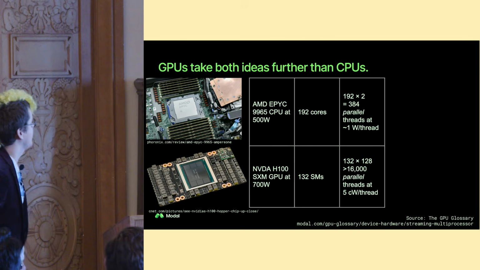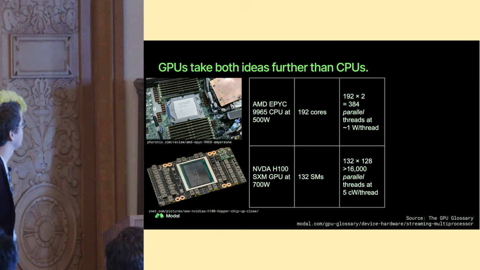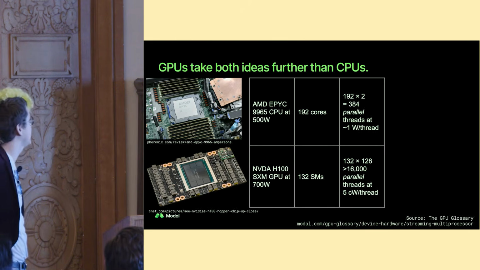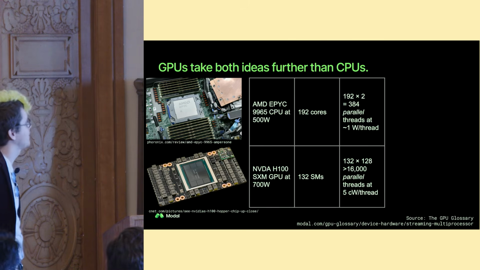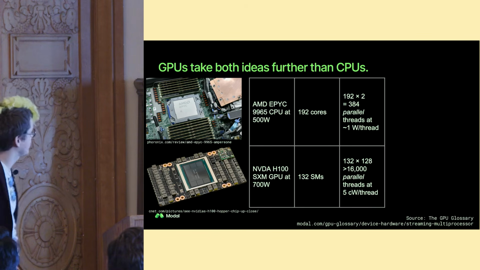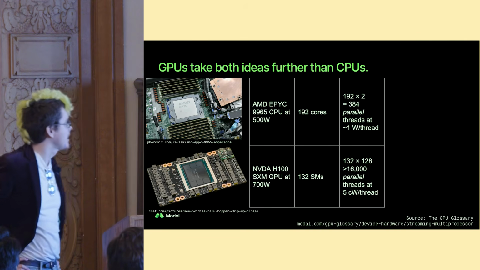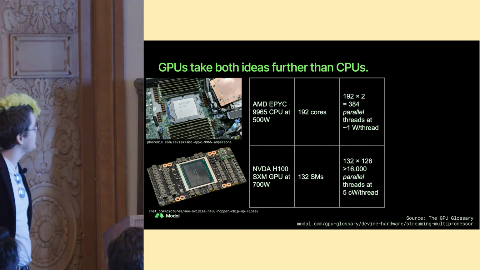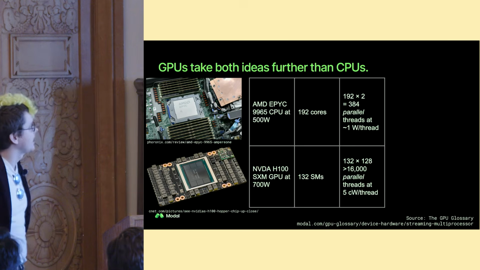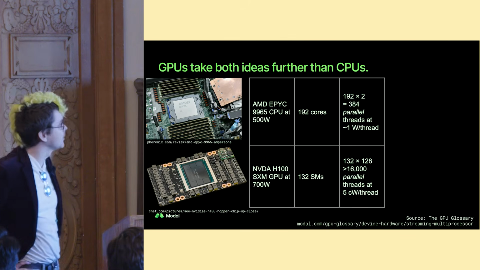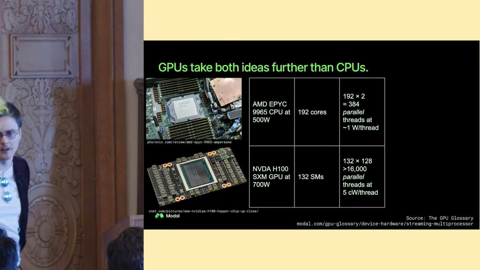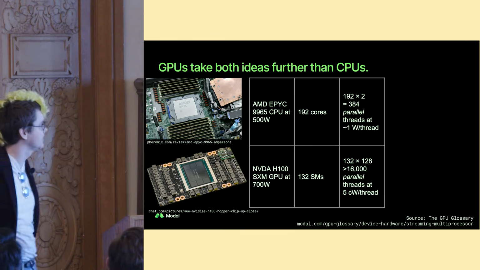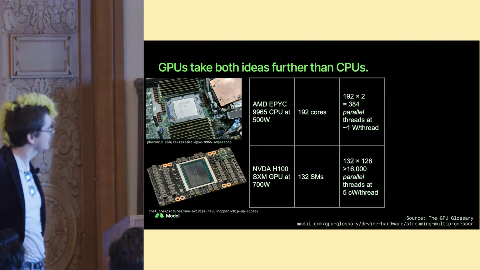So to put some numbers on that, because this is the no bullshit data conference, let's compare a pretty nice server grade CPU and a pretty nice server grade GPU. On the top is an AMD EPYC 9965, on the bottom an NVIDIA H100. The AMD EPYC has 192 cores. With hyperthreading, you can run 384 parallel threads, so you're issuing instructions to 384 threads per clock cycle.